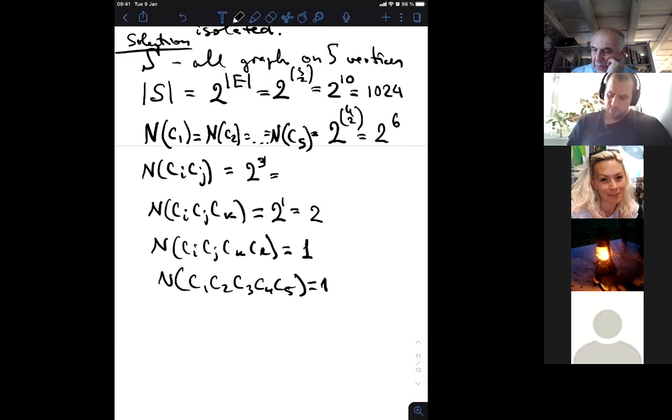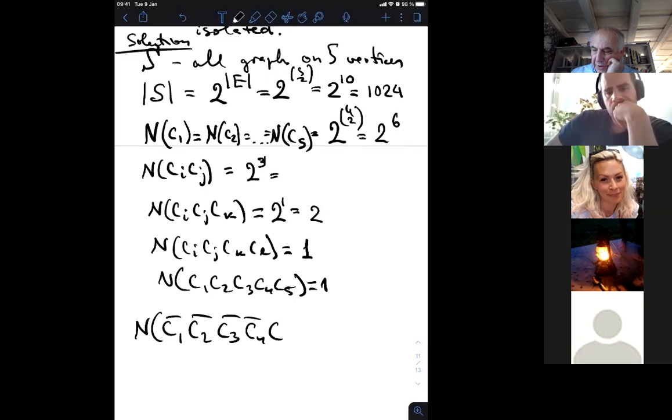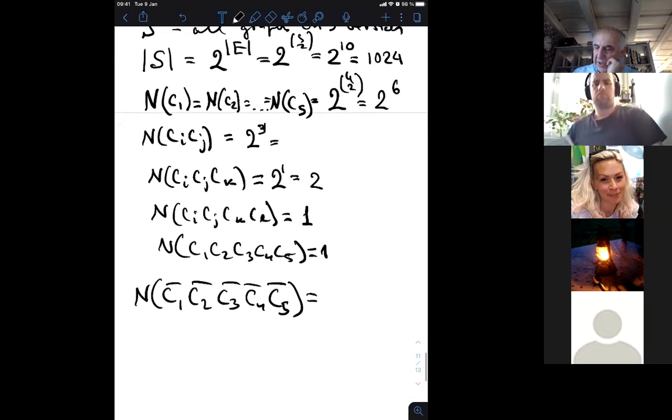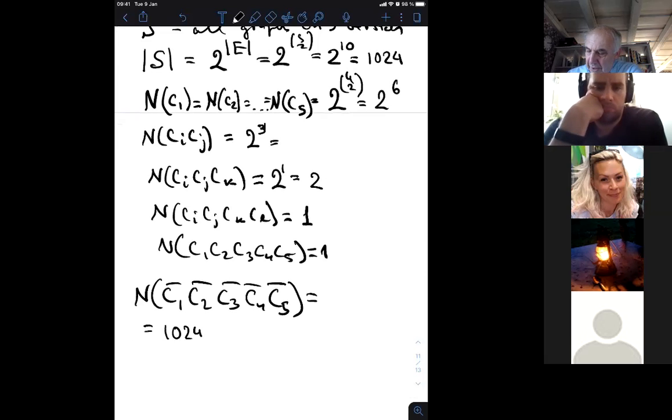So now if we want to count all graphs such that every vertex is non-isolated, this would be an application of our first formula. So we have 1 kilobyte of graphs altogether.